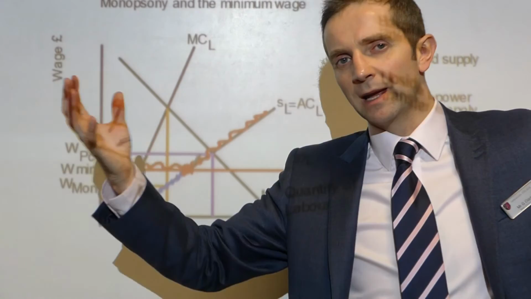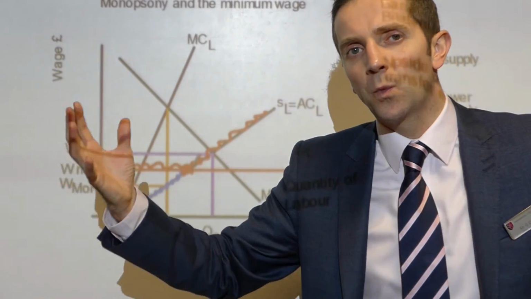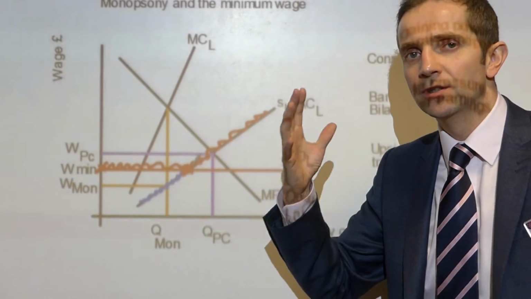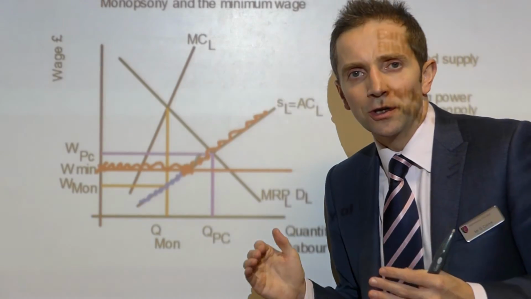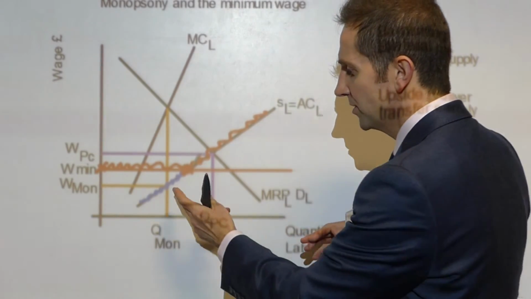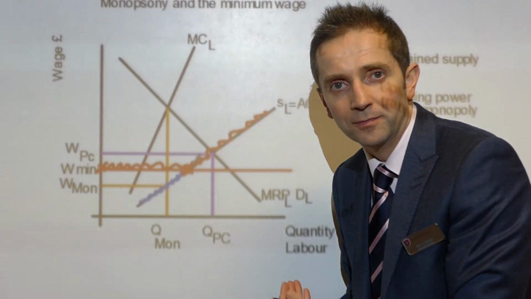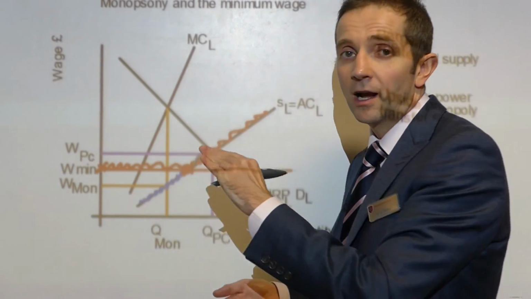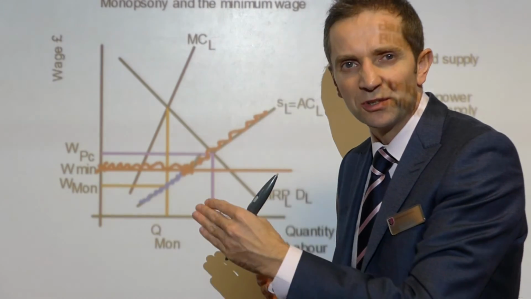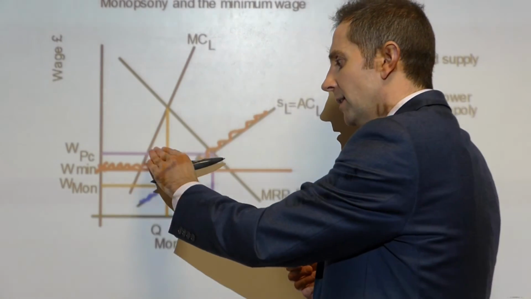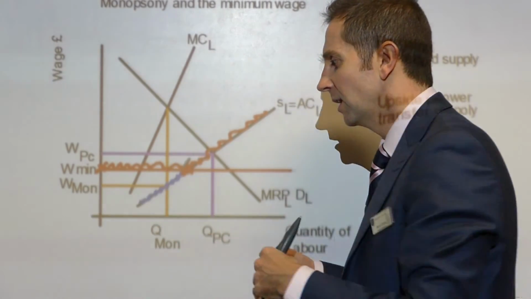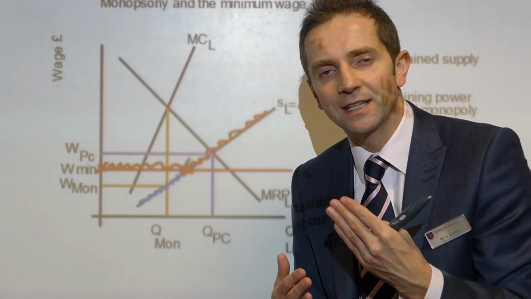And the two of them would be at loggerheads as to where they wanted the wage to go. If the union had more power, then obviously we'd expect the minimum wage to be coming up closer to perfect competition. If, on the other hand, the employer or the employers association had the greater power, then they would obviously be trying to get it as close to WMON as they could.